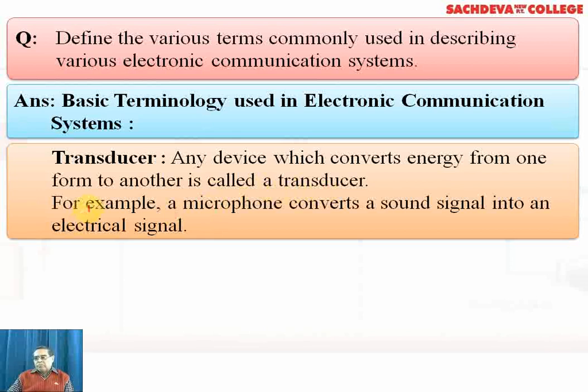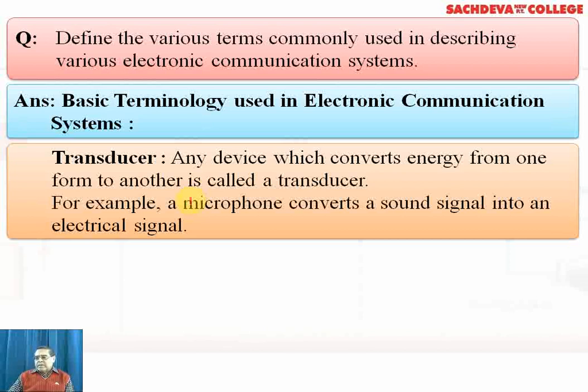For example, a microphone converts sound signals into electrical signals, because the carrier wave is not responding directly to the sound signals, as there is a lot of difference in their characteristics. Sound signals have very low velocity, and moreover, their amplitude is not comparable with the radio signals or the carrier signals.